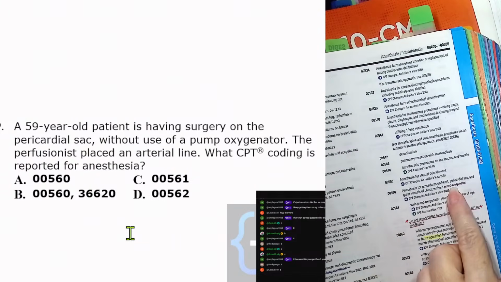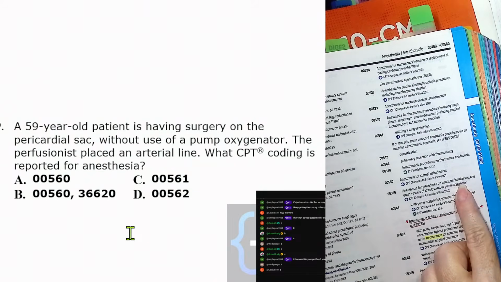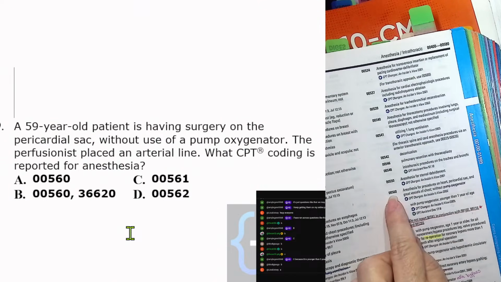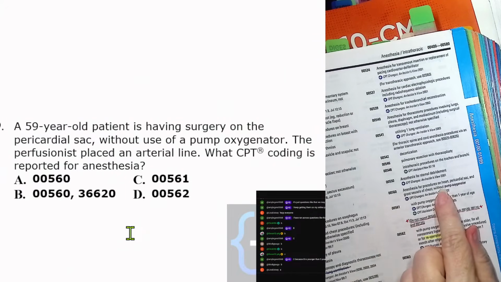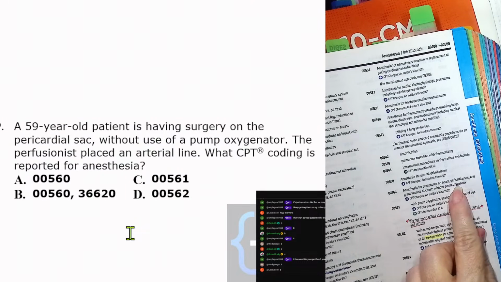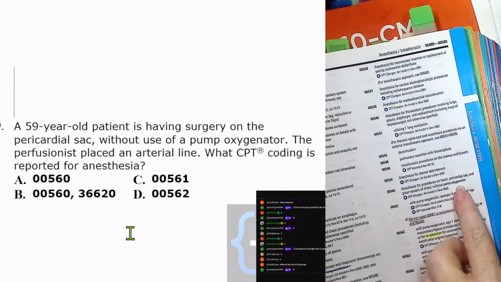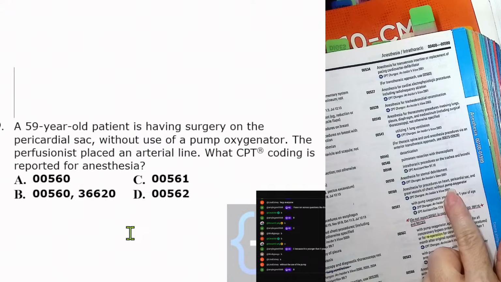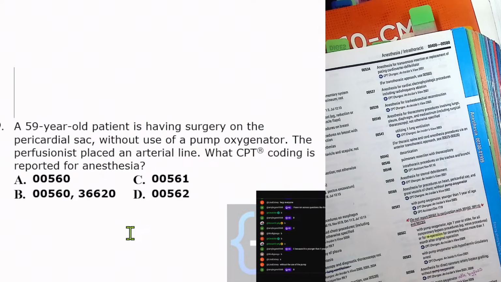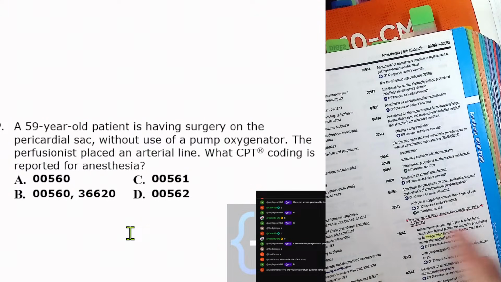What I like to do is draw one line through the words pump oxygenator. That way my code 00560 does not have the words pump oxygenator in it. I don't want to see that because it's not in that code. I don't know why they even bother to write it without. They should just say greater vessel of the chest and they're done, right?